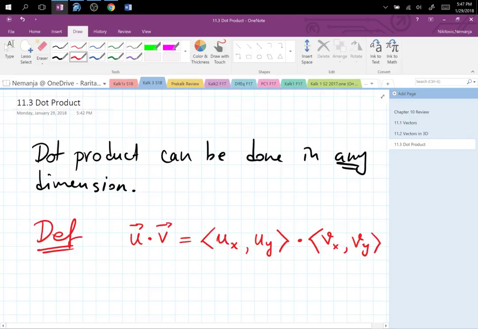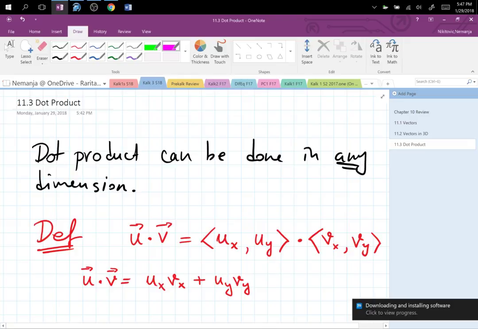And here is the formula: u dot v is equal to ux vx, that's a multiplication, plus uy vy. So this is the dot product in 2D.